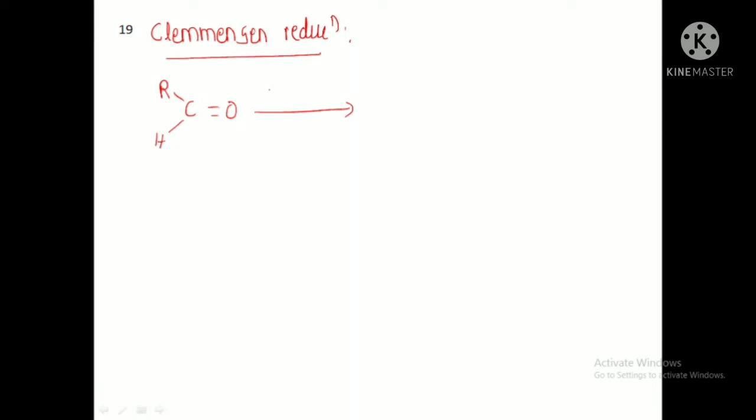Next reaction is Clemmensen reduction. In Clemmensen reduction, if you take any aldehyde or ketone with C double bond O and treat it with zinc amalgam, Zn-Hg, in the presence of HCl, you form CH2.